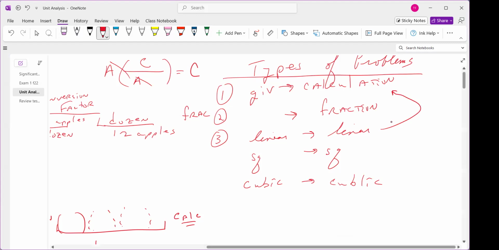You can also go from something that's squared to something that's squared as well. Again, if the given is squared unit-wise, the calculated has to be squared to go along with it. You have to match. So fraction.